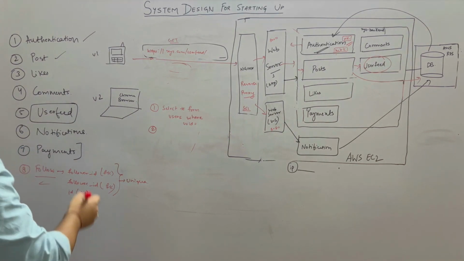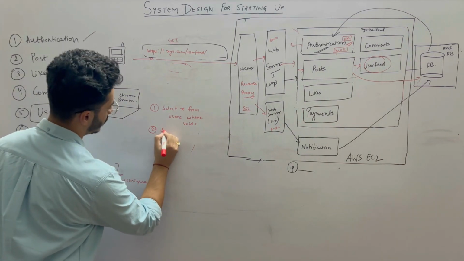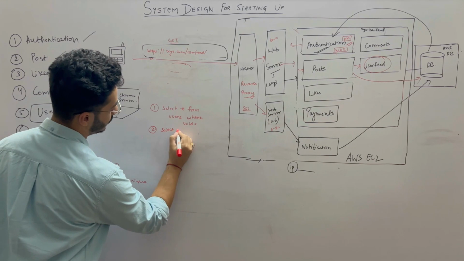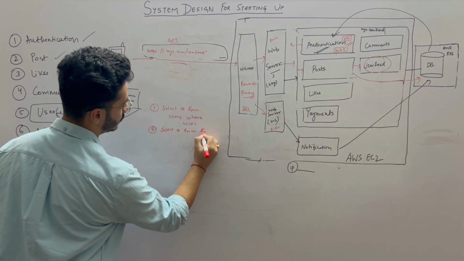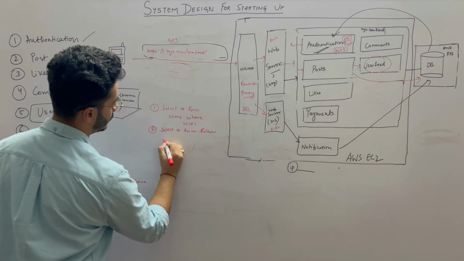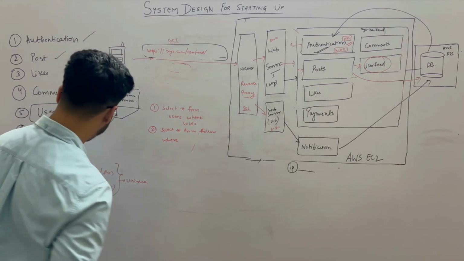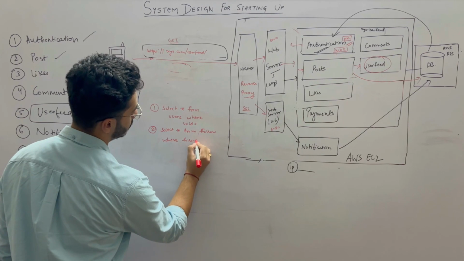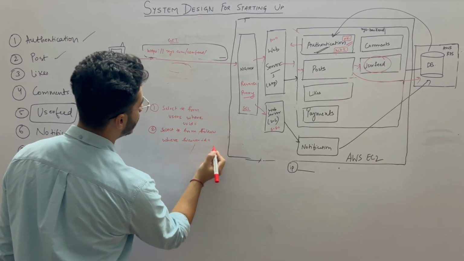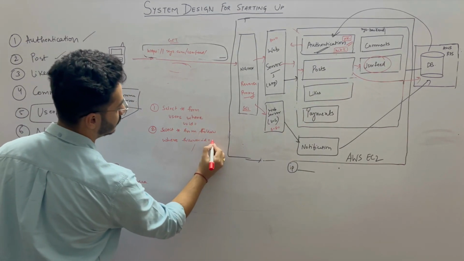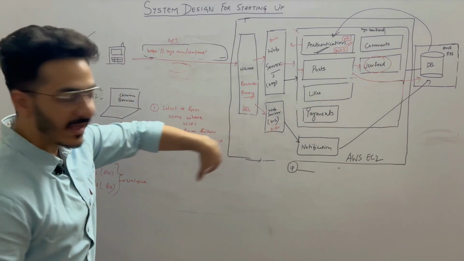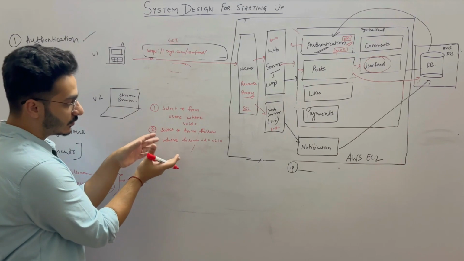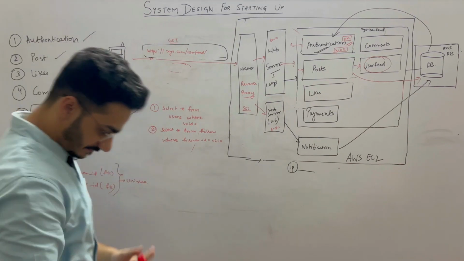So now another query will be made: select star from follow where follower ID equals this UUID, and this will give back all the users whom this user follows.